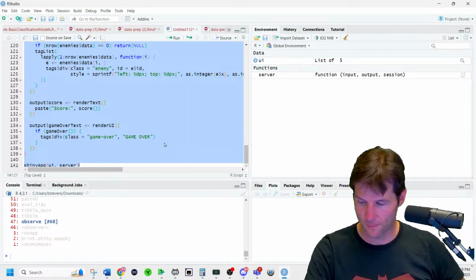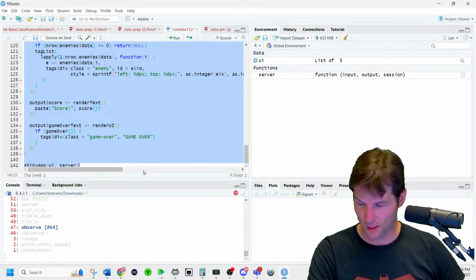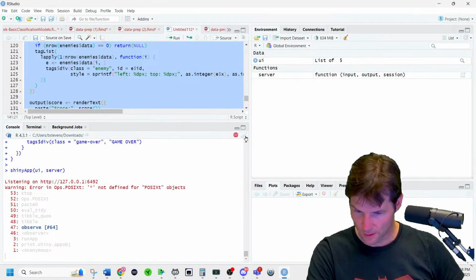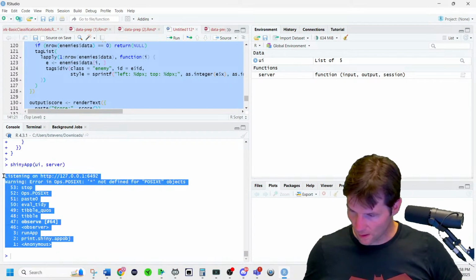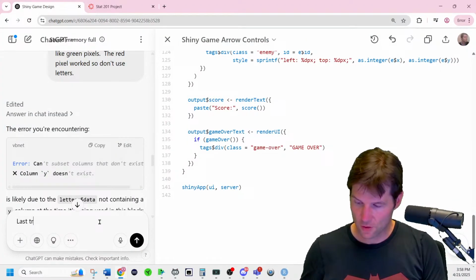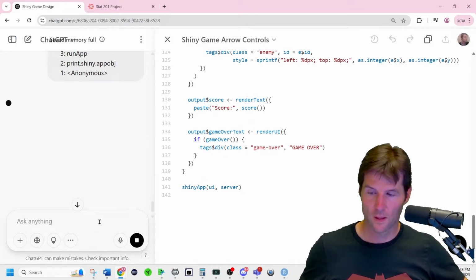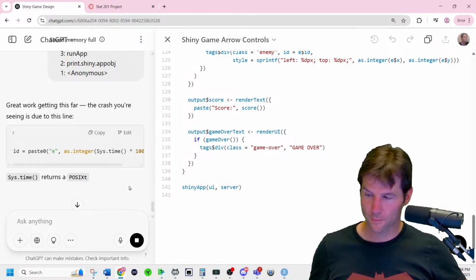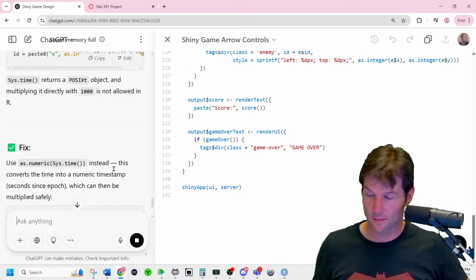Oh, we're still running the app. It just crashed again. What did it crash on? Okay, say last try for real. Last try. It crashed while loading. Please fix. Okay, fix that line.